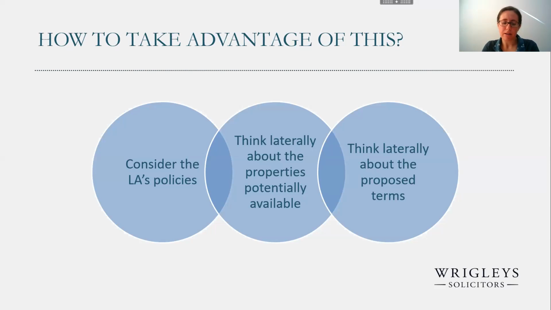I think this may particularly be useful if your authority doesn't have a specific CLH policy in and of itself. We've seen that quite often these might not be in place yet, but it's much more frequent that a council will have a CAT policy.